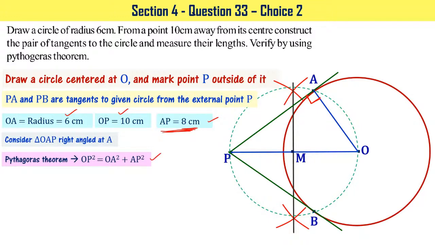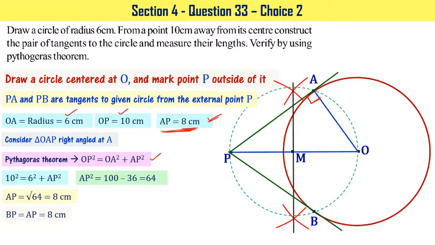So let's substitute OP equal to 10 and OA equal to 6 into this equation such that AP square you're going to get as 64, right? It means AP equal to root 64, that is equal to 8 centimeters. This is exactly what you got by measurement, right? Similarly, when you measure BP also, you're going to get 8 centimeters, right?